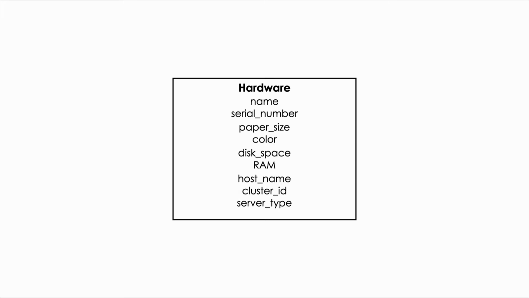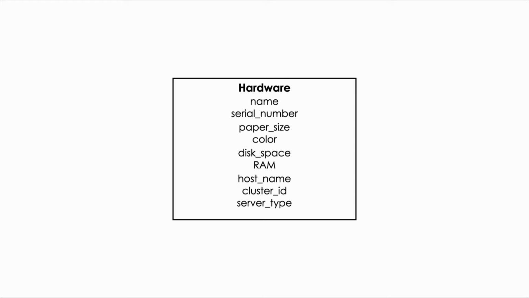So our hardware table is now set up with fields for storing hardware, including printers, desktop and laptop computers, and servers. And I like our table design, but I don't love it, and here's why. When I need to add a record for a printer, I'm going to have these computer-specific fields for things like disk space and RAM that don't apply to printers. And these server-specific fields for host name and cluster ID and server type.